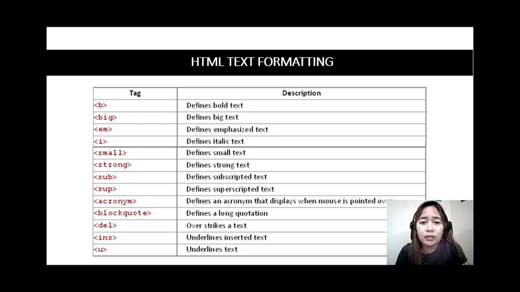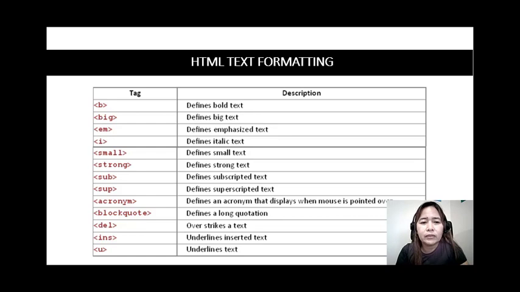You have bold, you have big, you have em for emphasize, you have i for italic. Sometimes emphasize and bold would look the same. Small, strong, subscript, superscript, acronym, blockquote, del, ins for inserted text, and u for underline. So I want you to experiment on all of these codes that are shown on your screen.